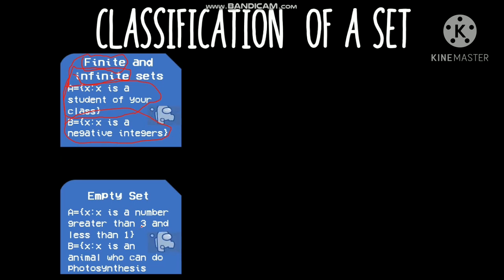So we can say that A is the empty set. And then B is animals that can do photosynthesis. Of course, we know that no animals can do photosynthesis. And then B is the empty set too.